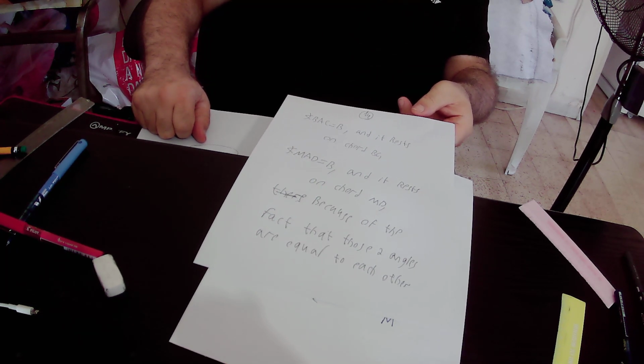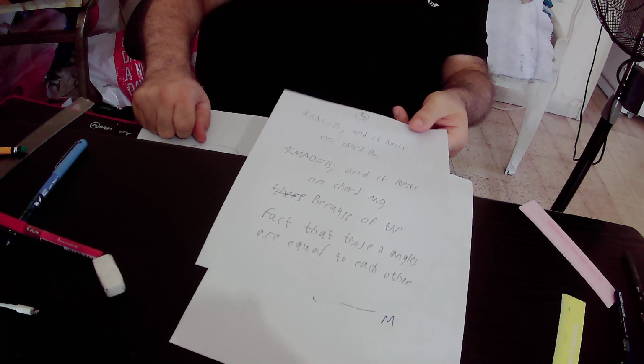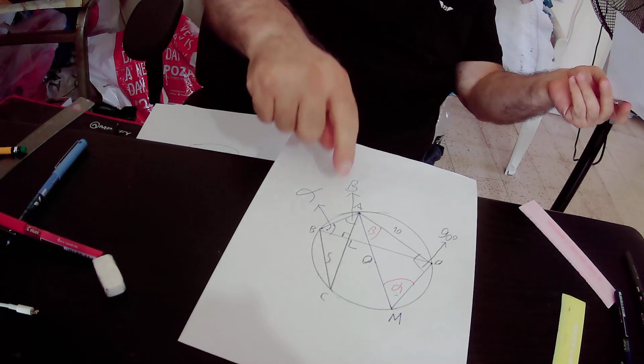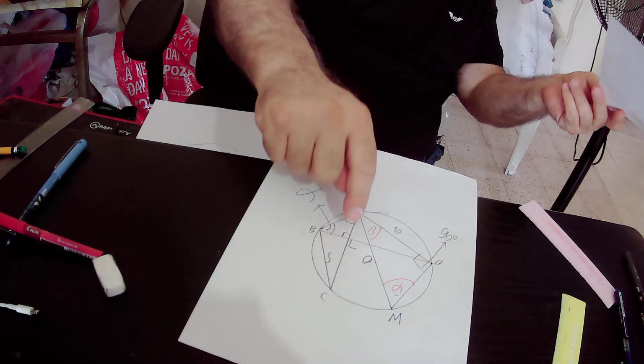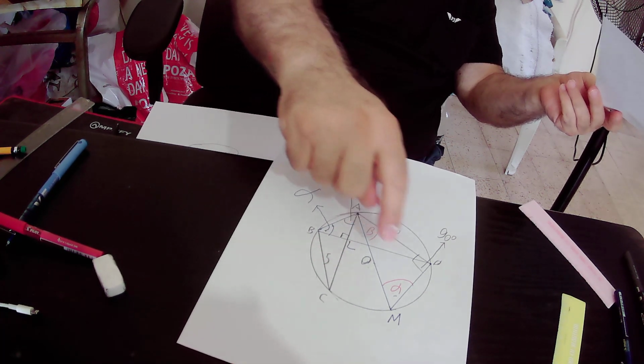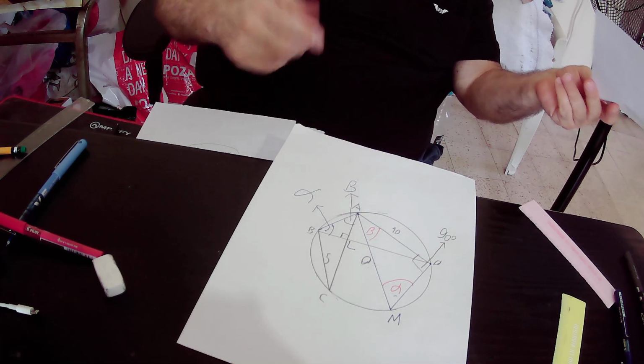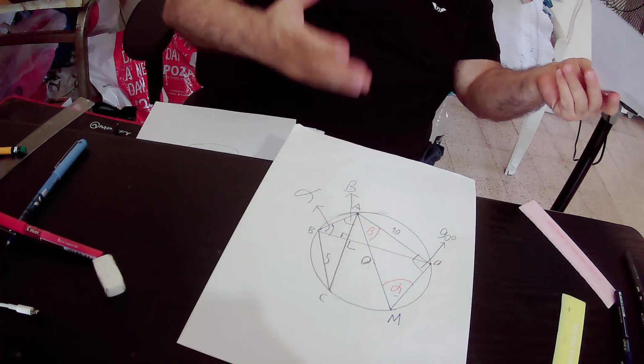And because of the fact that those two angles are equal to each other, angle BAC equals beta, and angle MAD also equals beta, so those two angles are equal to each other.